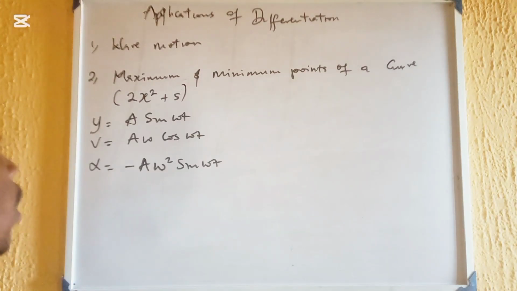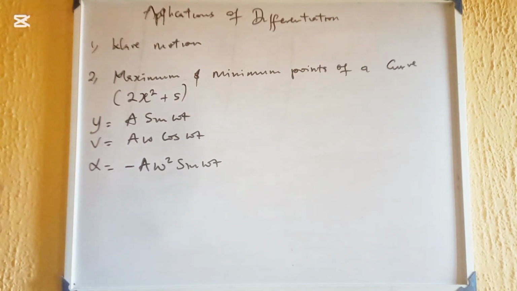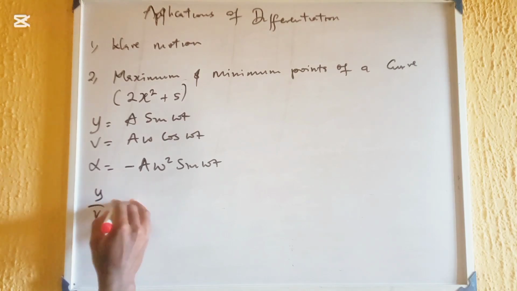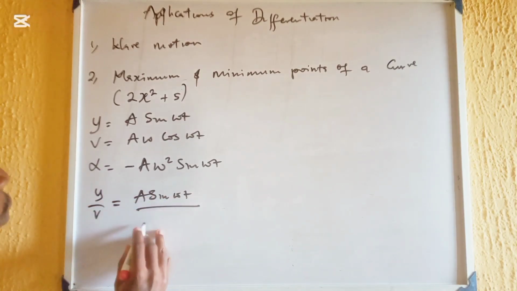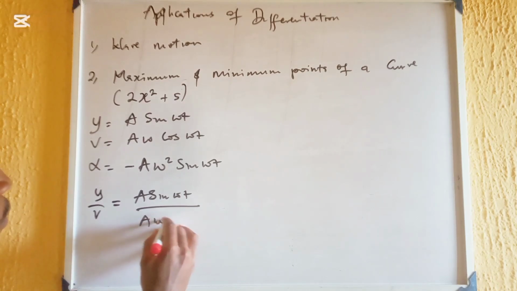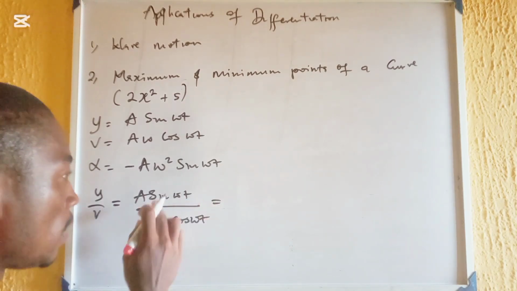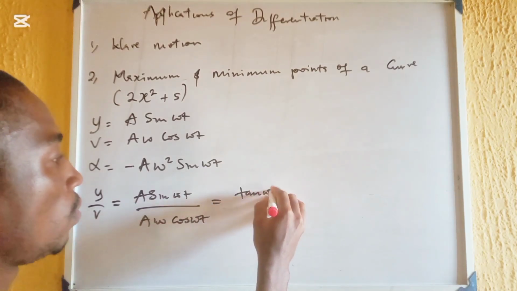Now, I want to see how y relates to v and to acceleration, that's alpha. So we have y over v is equal to A sin wt over Aw cos wt. Now A will cancel A. Sin wt over cos wt is the same thing as tan wt.